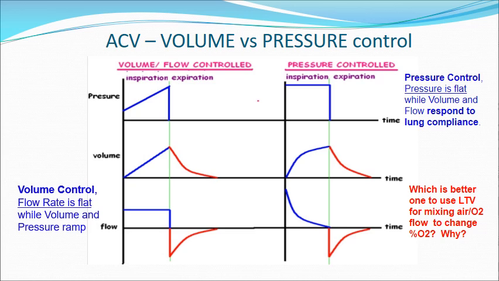In contrast, if you look at the pressure-controlled mode, you see that the pressure is instantly increased and held steady. What that means is if you have a collapsed lung, the greatest difference in pressure between the collapsed lung and the applied constant pressure from the ventilator occurs at the very beginning of inspiration.